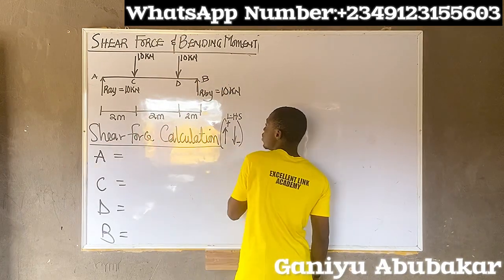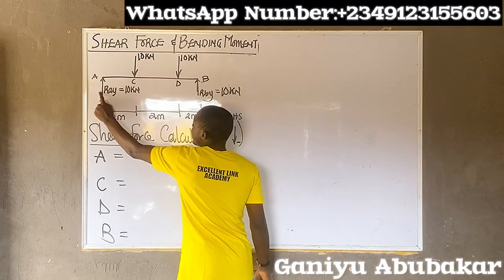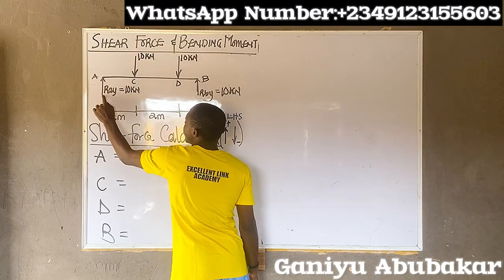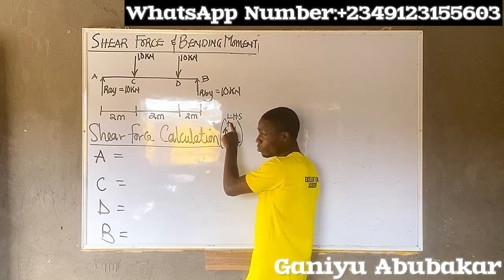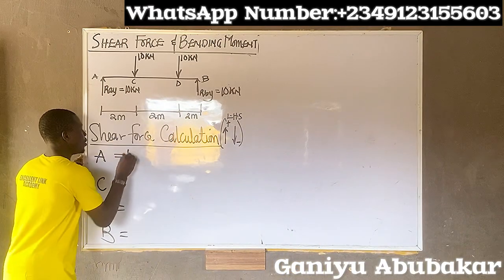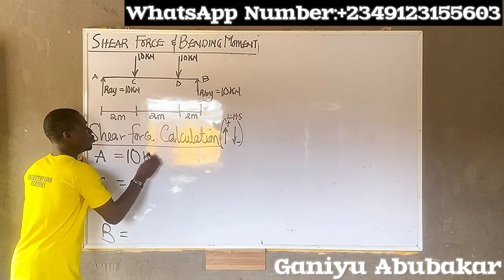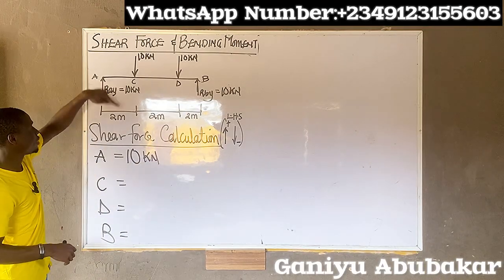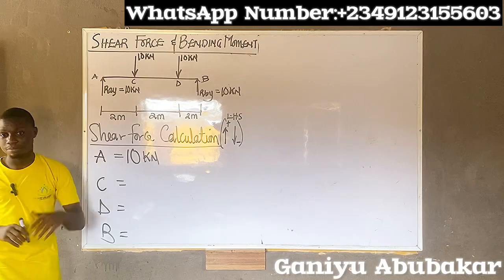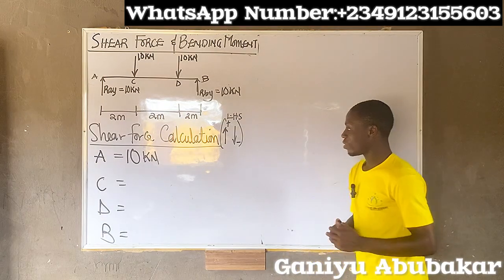So from the left hand side now, what's A? A is going upward, and that's 10. For upward, is it negative or positive? That gives you 10 kilonewton here. That's all for A. What is C? Observe, this is C. Please listen.